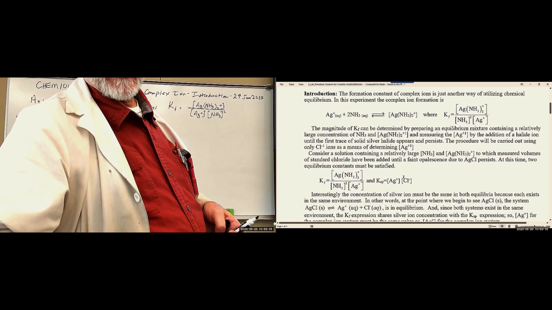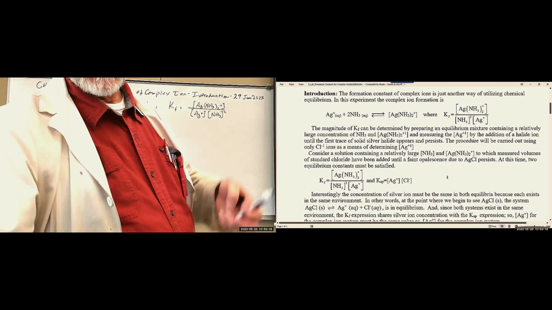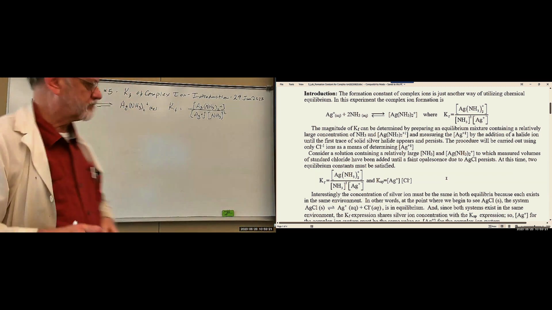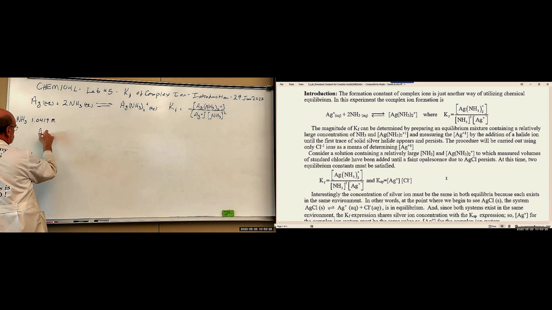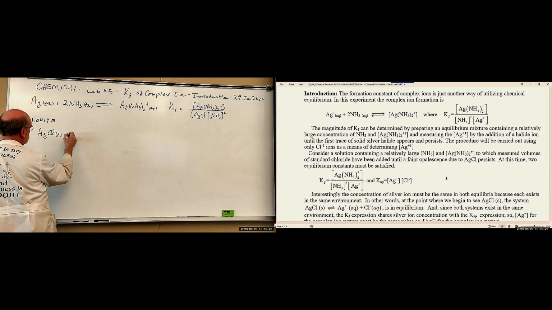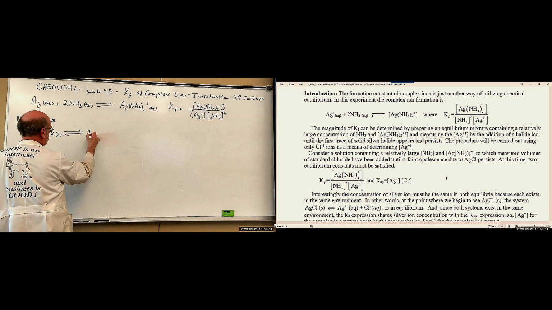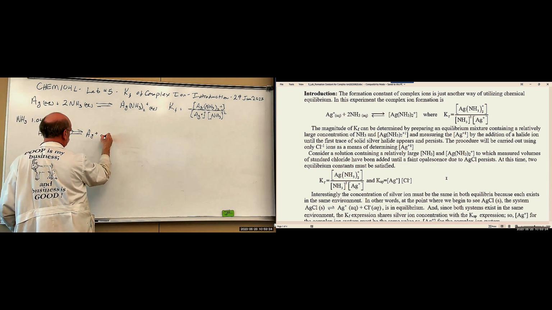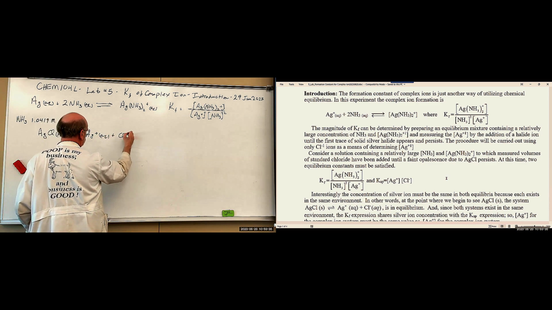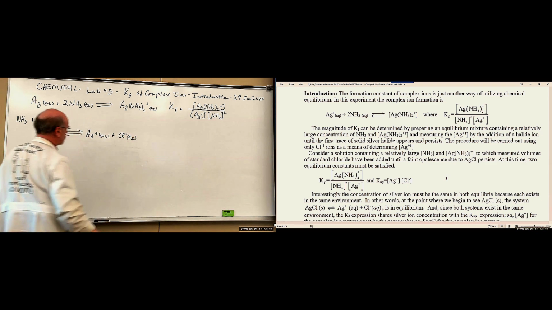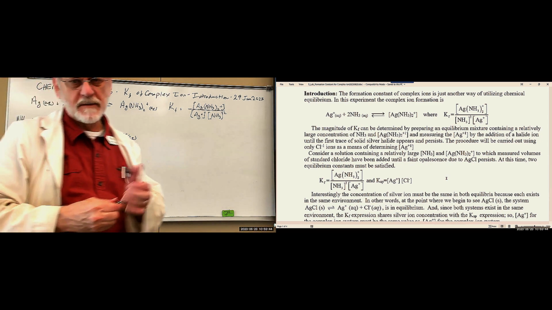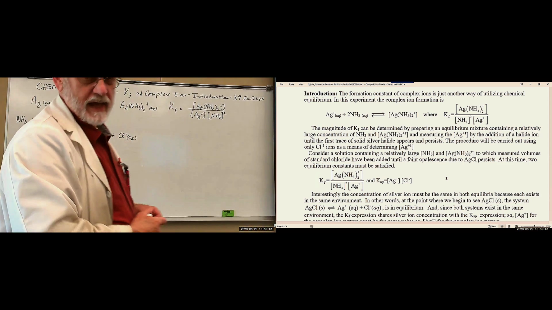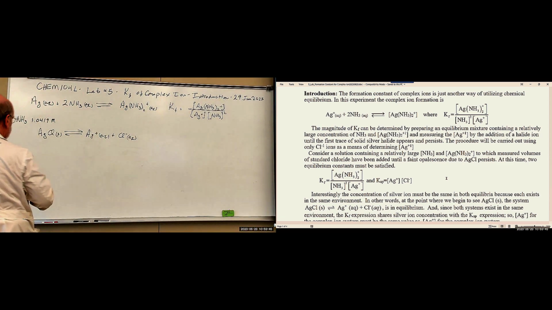Okay. So the reaction that we're going to couple with it is this one, just like we had on the board earlier. And we know what the KSP for this one is.